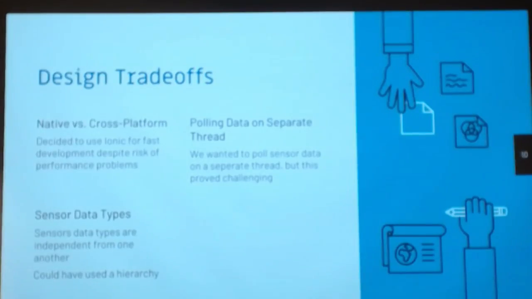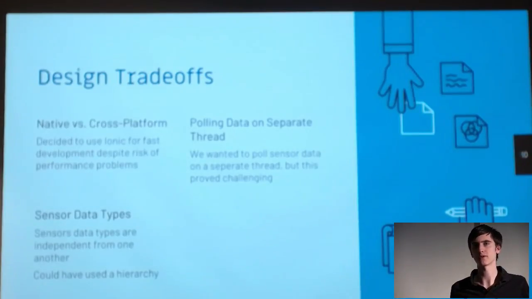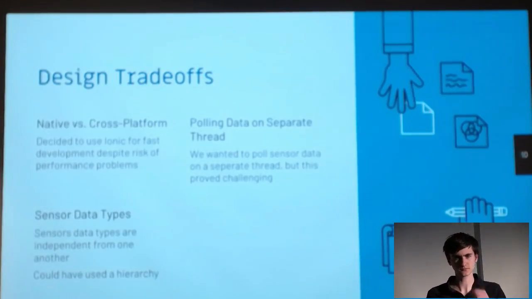So some design trade-offs we made. First, going with the hybrid app approach instead of building a fully native app. It helped us create a much more responsive UI and have faster development. Although going into it, we knew that we might have some performance issues that we would have to diagnose because we're not using a fully native app.